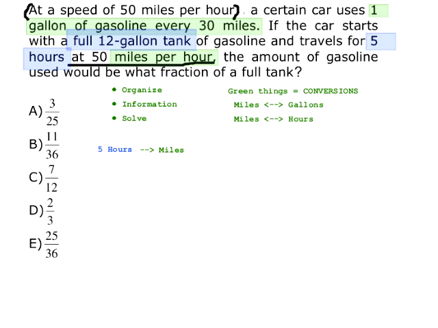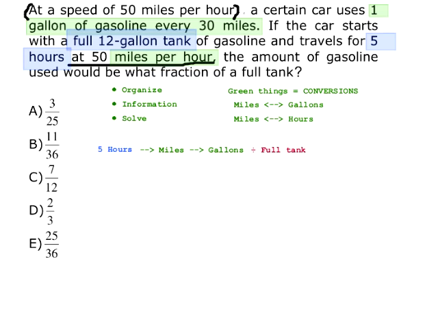You can go from miles to gallons. And then once you have this, finally, the amount of gasoline used, you can divide this by the amount that represents a full tank.